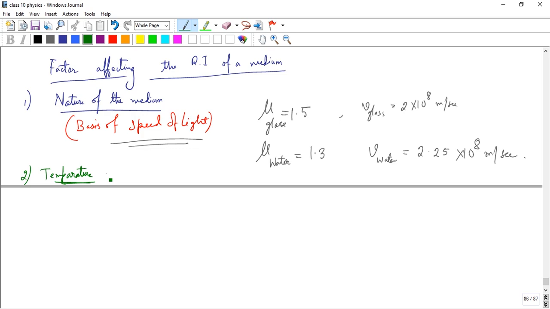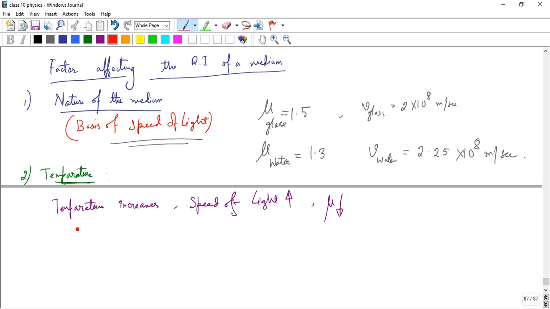When temperature increases, speed of light increases, so mu decreases.